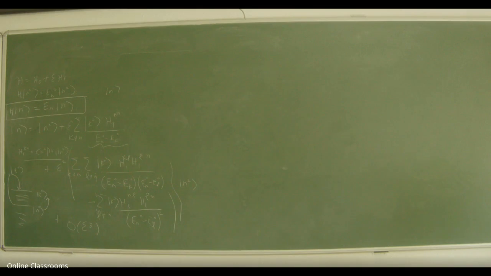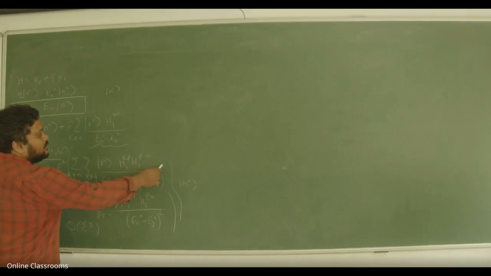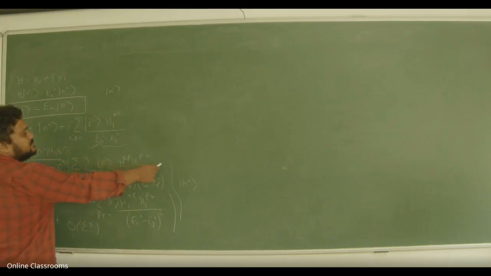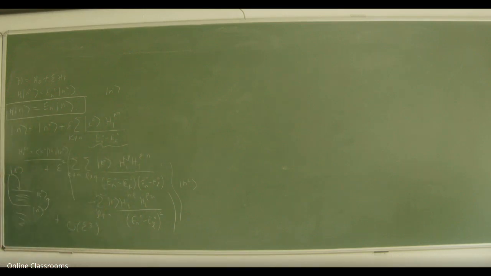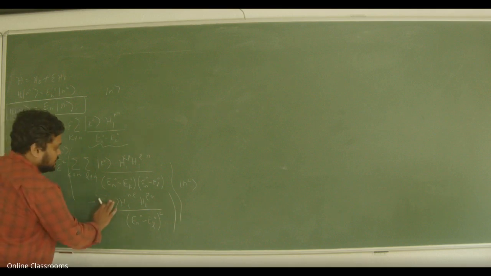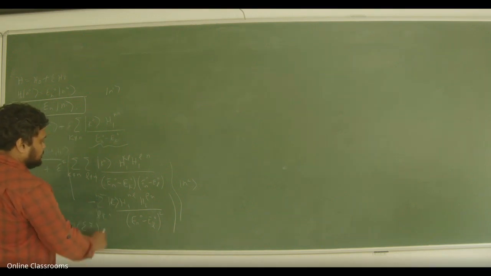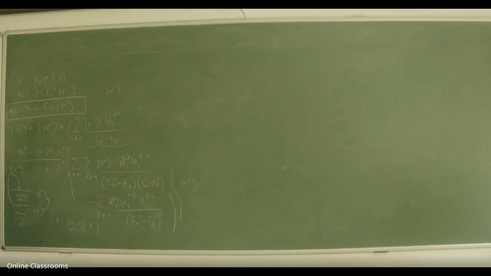It's easier to remember it by picture, and the picture is this. This term is where you go wherever you can go in two steps, and this is how many ways you can come back in two steps. This is the second term, all the possible ways. So then it should be l0, not k0, and this is a dummy index, so it can be anything.